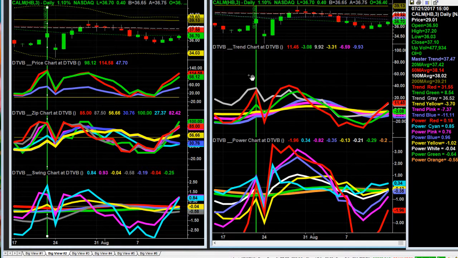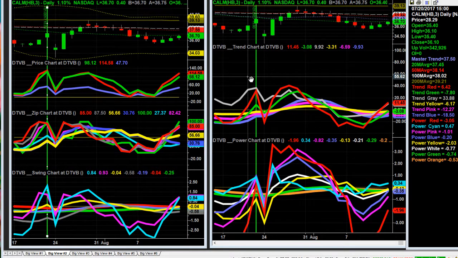So it's likely to be going down next day. We also have diff divergence, D-I-F-F, which stands for difference. In other words, trend gray the day before the green vertical line was at 33. On the green vertical line day, trend gray was at 36. So we had a difference of 3 points.